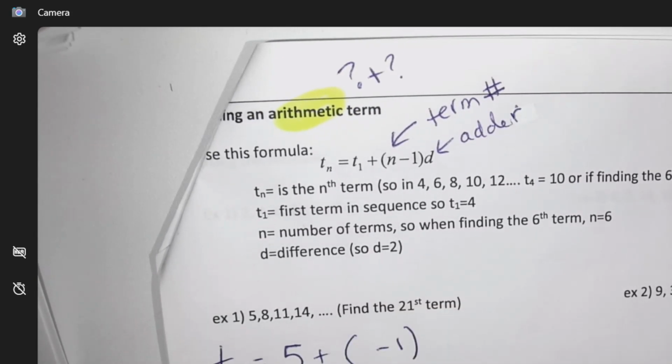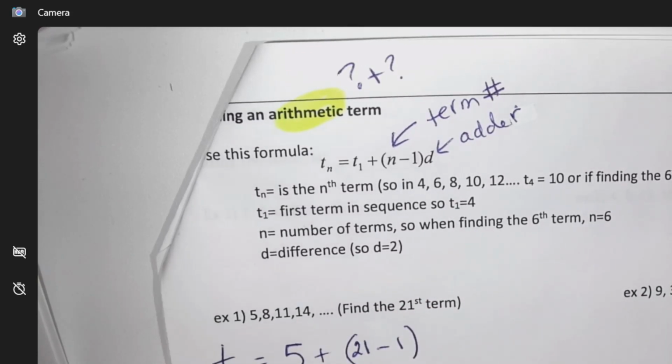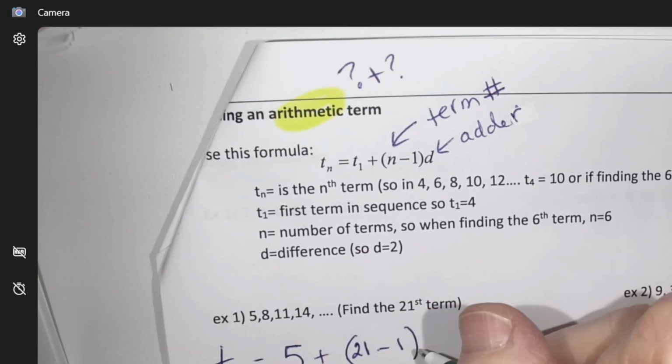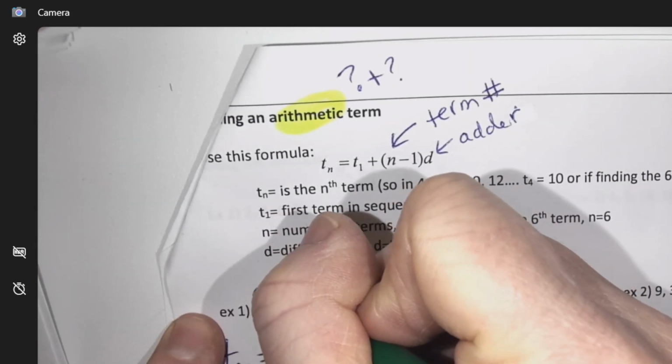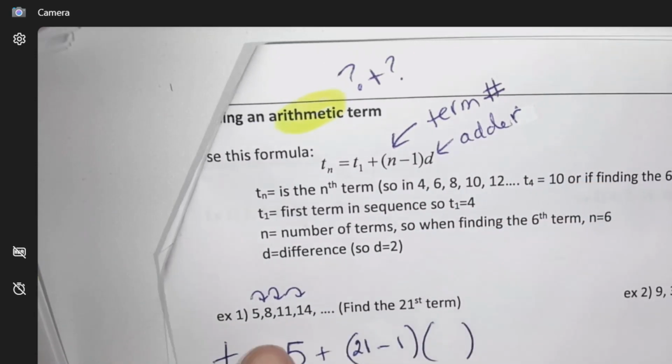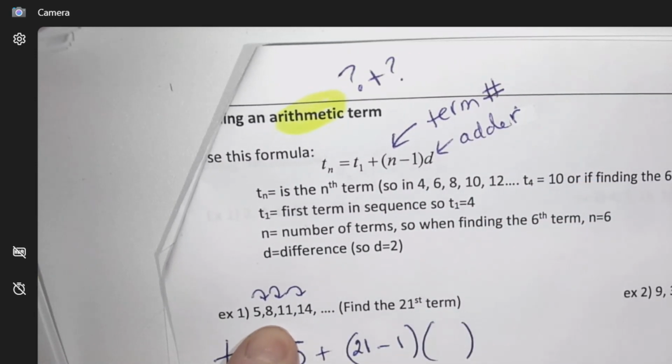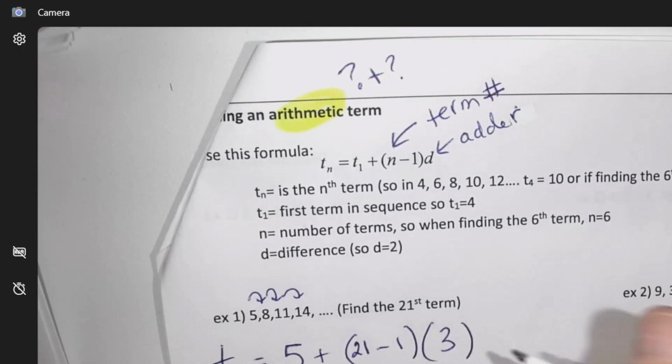So what is our n? How many terms are we trying to go to? 21 terms. Times the adder. So what is the pattern doing? What's happening each time in this one? 3.